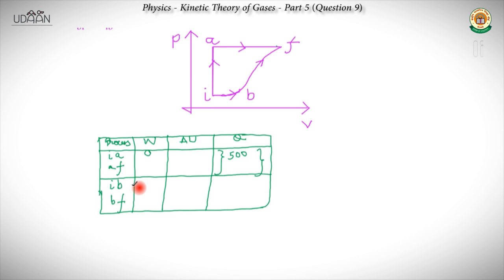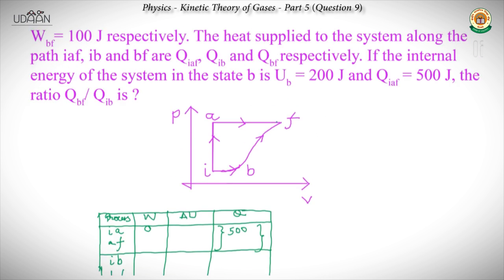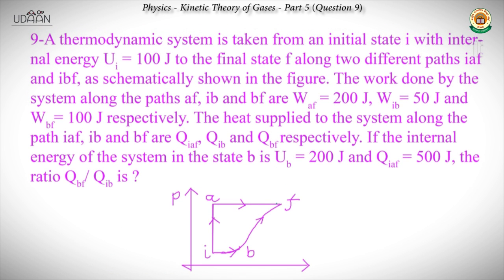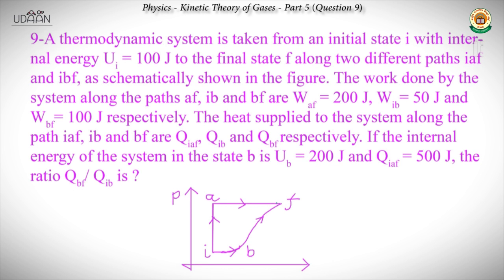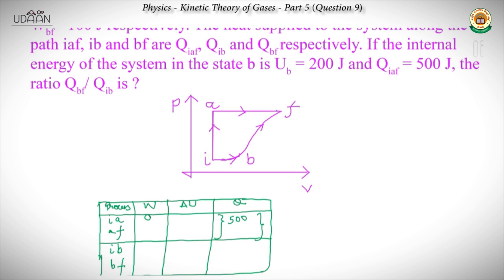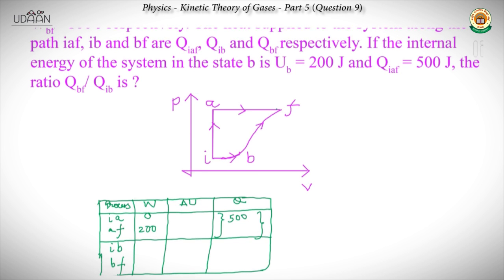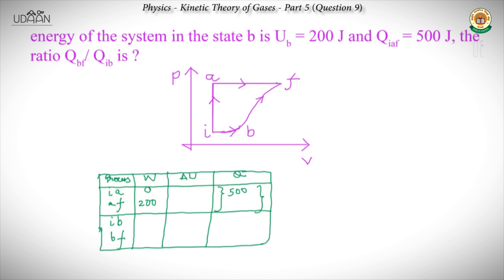Now we go to IB. Before going to IB, let's check for AF. WAF is given as 200 joules, so we write that down, 200 joules. Delta U is not given, no other data is given. Now let's check for IB. We are given the work done at IB as 50.